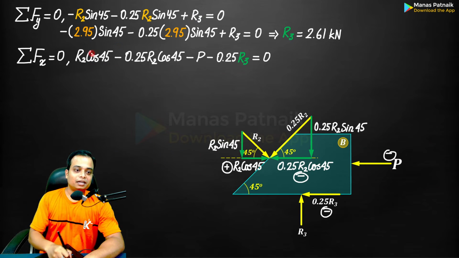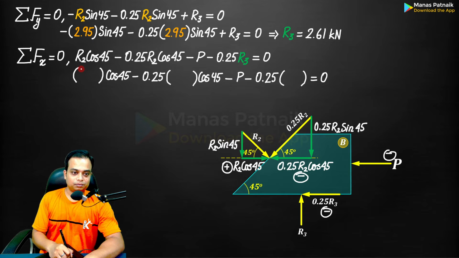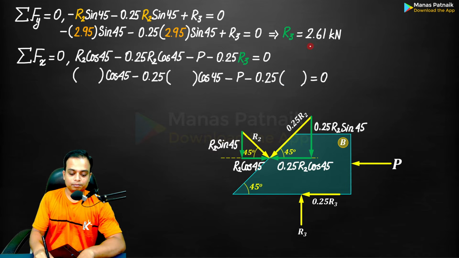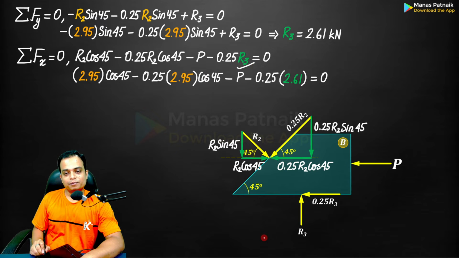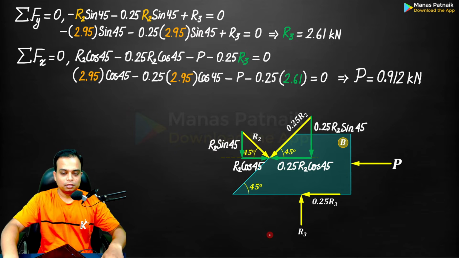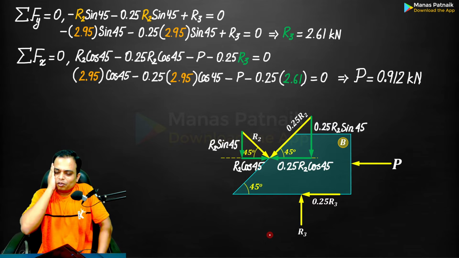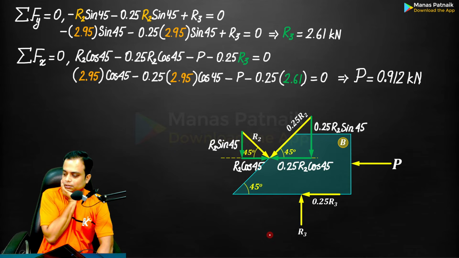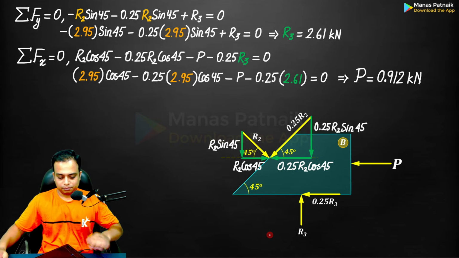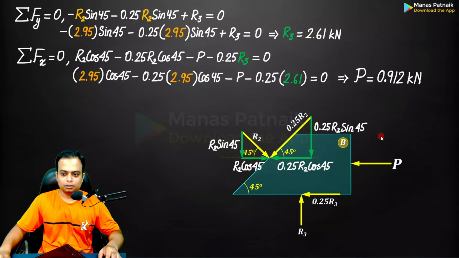Now, time to put the value of R2. How much, sir? 2.95. Put it over here at these two locations, and then you've got R3. You can put this value 2.61 in. So punch them in over here, and you are going to find the value of P. P works out as 0.912. Sir, we have got the answer, but can you explain this answer? How much? 0.912.